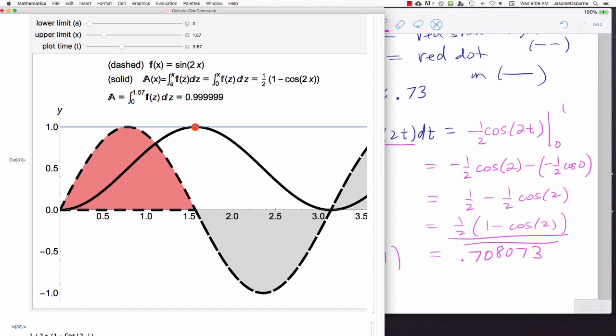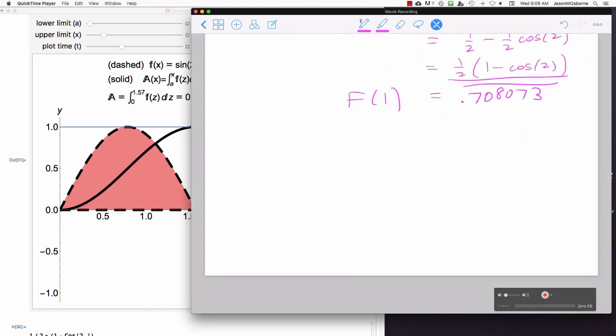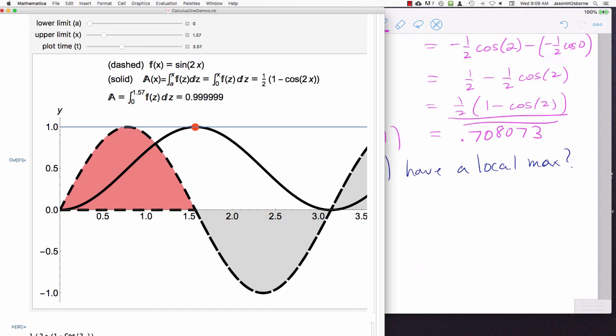Okay, here's a follow-up question. Where does capital F of x have a local maximum? Okay, we can see that there is a local maximum right here, somewhere around 1.5. We can see that from the picture.